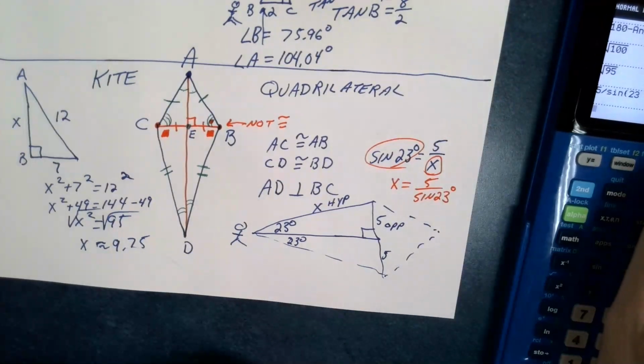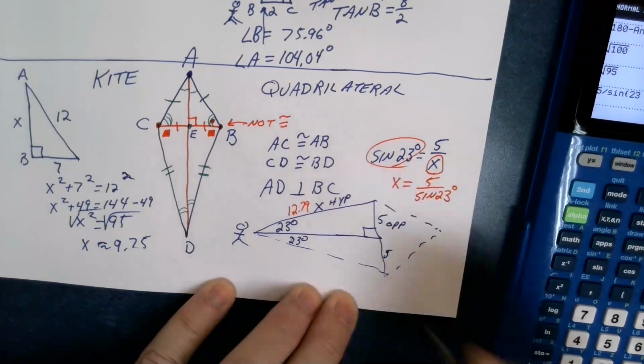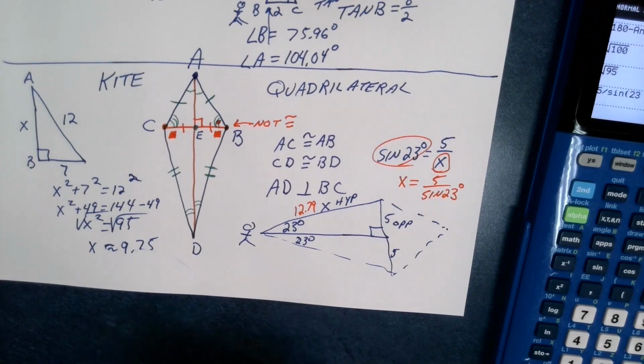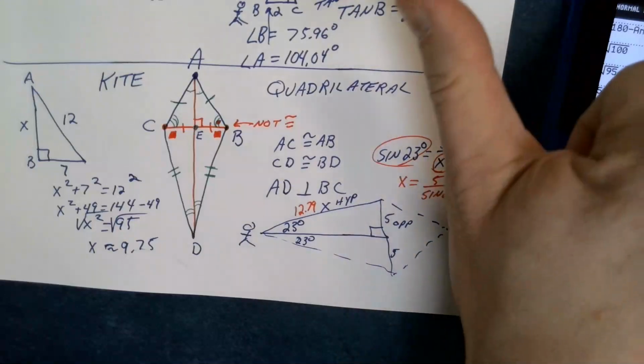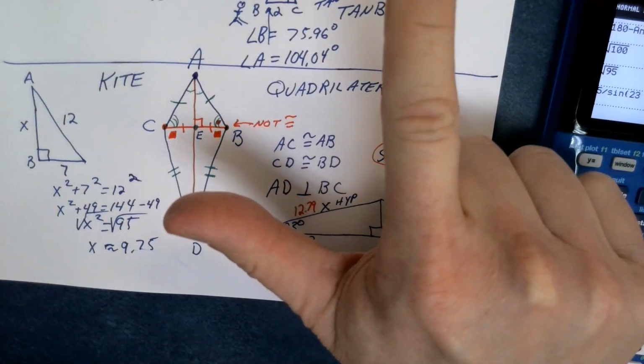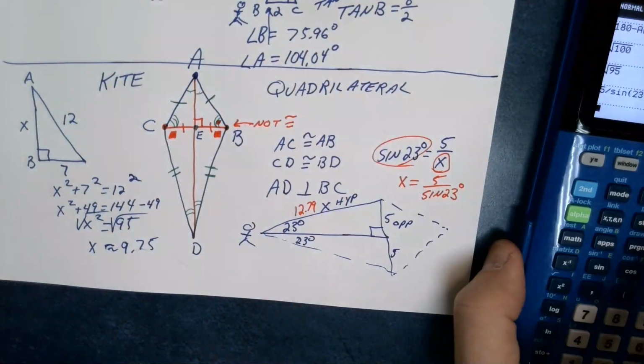And I get 12.79. So that would be my x, 12.79. So as I've talked about these trapezoids and isosceles trapezoids and kites now, you can see where all of the math comes back into play between Pythagorean theorem, regular sine, cosine, tangent, and then sine inverse, cosine inverse, tangent inverse.